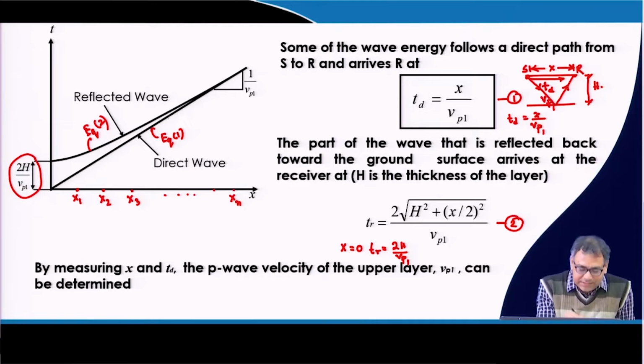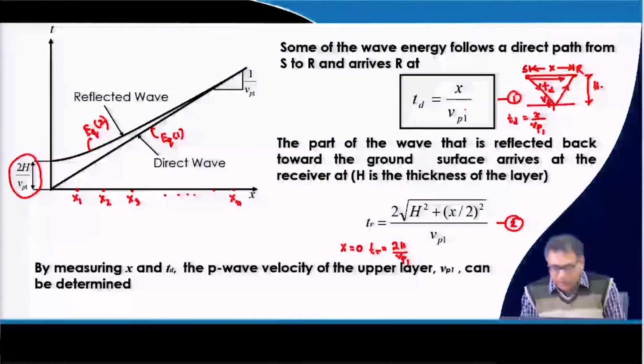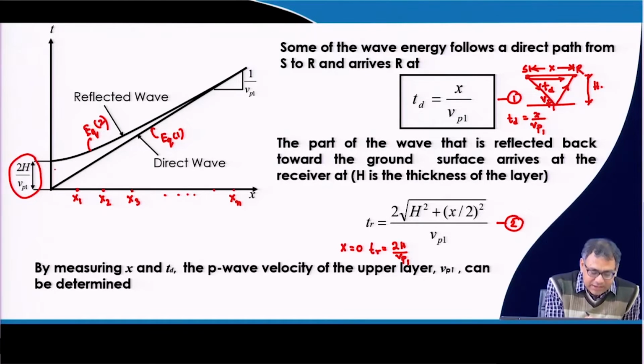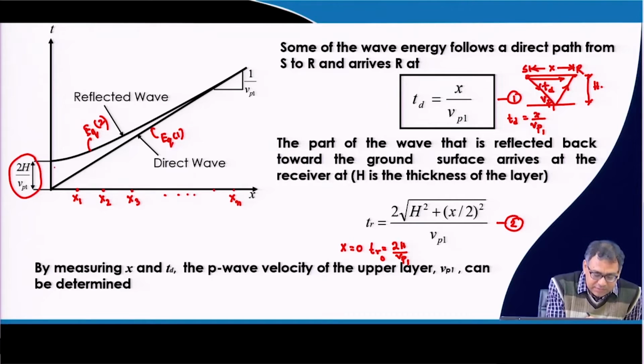From equation number 1, the slope will give us 1 by Vp1. So, from equation number 1 I will get the velocity of the layer, and from equation number 2, putting x equal to 0, I will get TR, that is TR 0. This TR 0 I will measure from here.